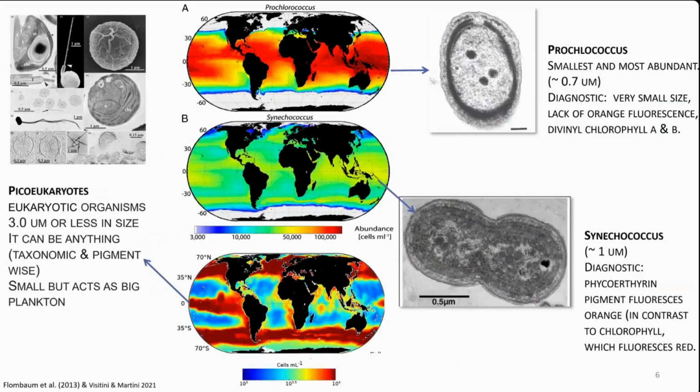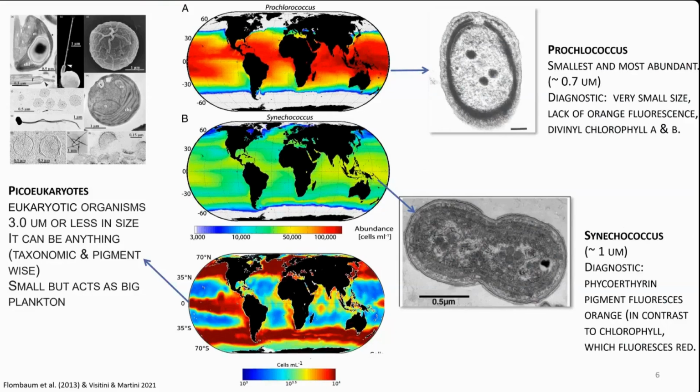So a little bit more about each of these groups. In the center, you can see the geographical distributions of 3 of these different types: Prochlorococcus on top, Synechococcus in the middle, and autotrophic picoeukaryotes on the bottom. These were taken from different publications, with citations in the left corner, usually on the bottom of the page.